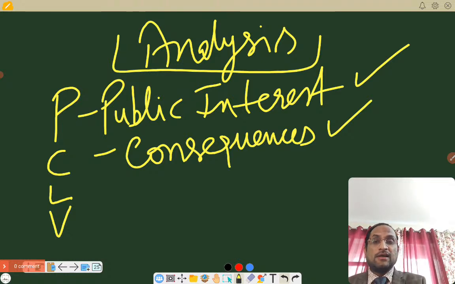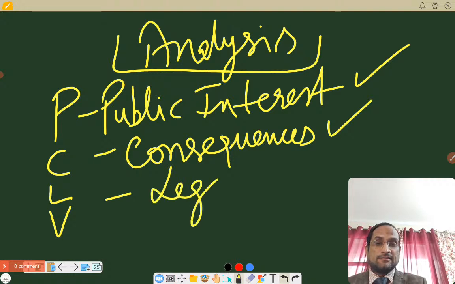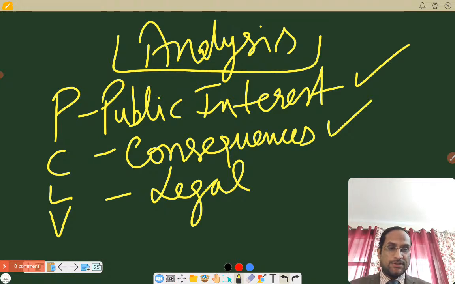Then comes your legal framework. Whether it is under the bounds of the constitution, under the code of conduct provided to you as a civil servant, under the code of ethics or not, that you must see.